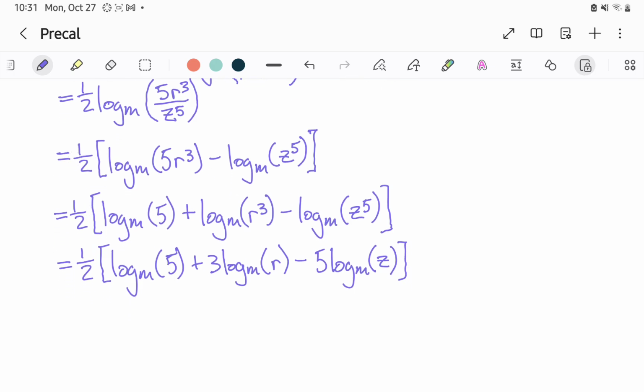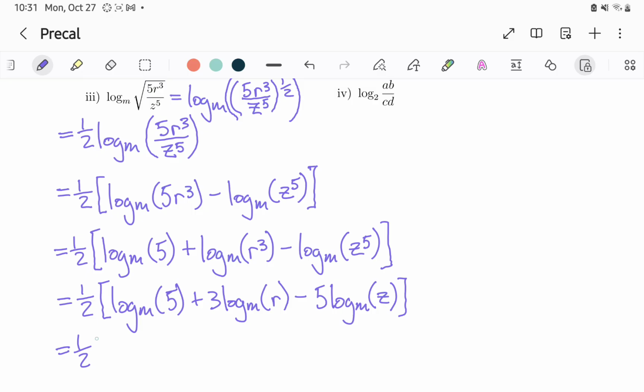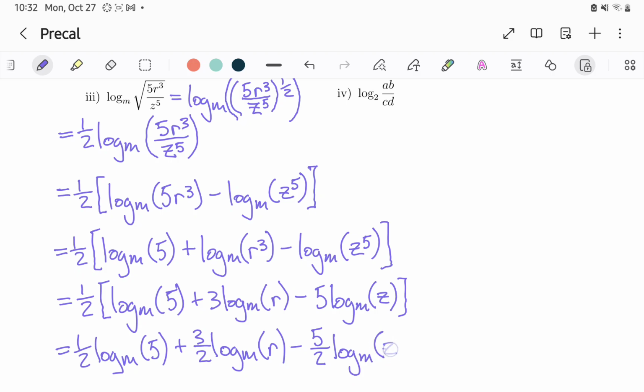And then we can go ahead and distribute the 1/2. So this is equal to 1/2 times log base m of 5 plus 3/2 log base m of r minus 5/2 log base m of z.